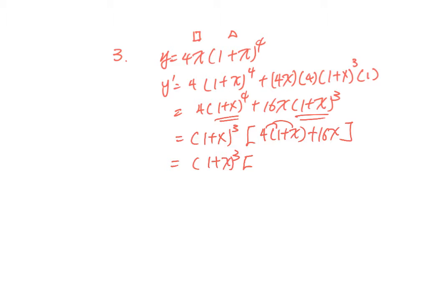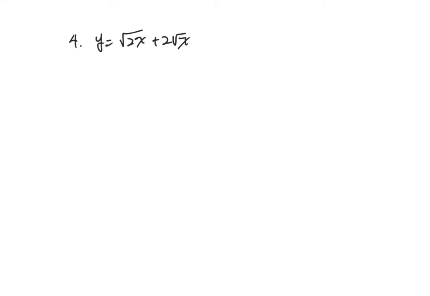Distribute the 4, and you have 20x plus 4. And that's still not right, because you could factor out the 4 again. So (1 plus x) to the third times 4 factored out, which is 5x plus 1. And that matches up.